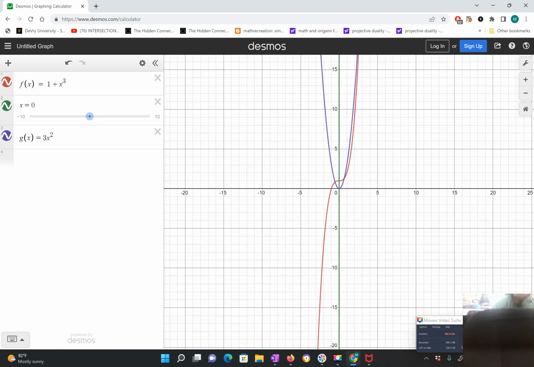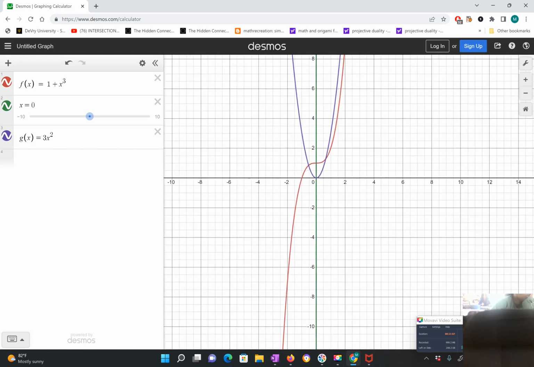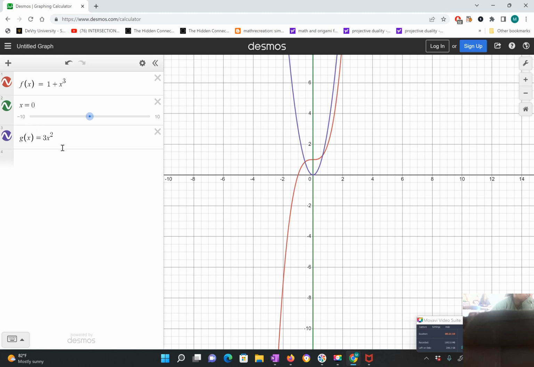So let's see. When x is 1, we are what, about here? If you look at the graph, this is just looking at the graph. At negative 1, we're at positive 3.